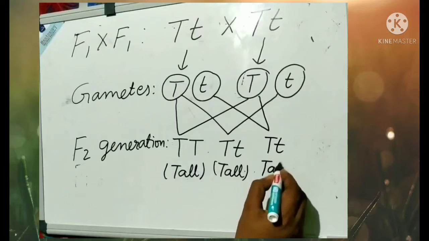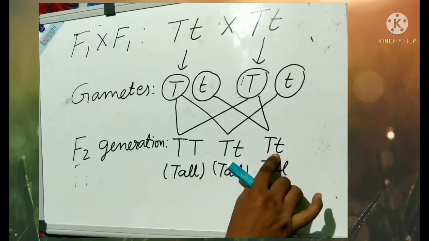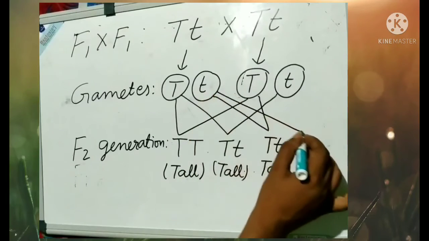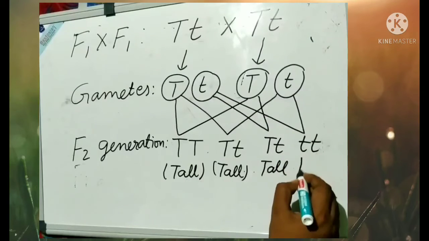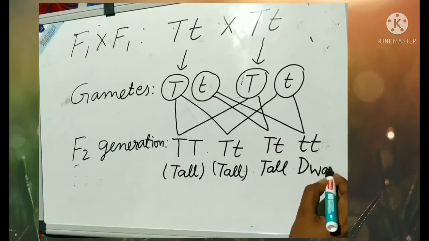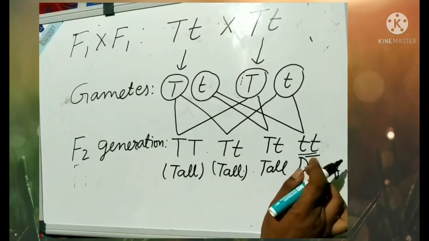It will be tall, because capital T is dominant. Tallness is dominant over dwarfness. Now this last one will be dwarf, because both of these are recessive alleles.